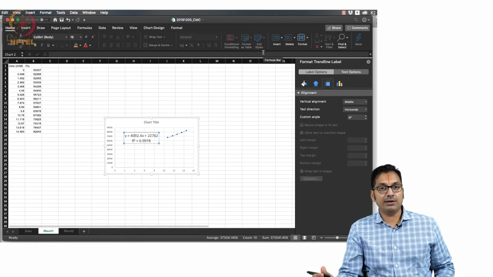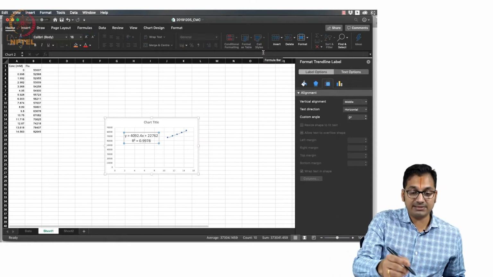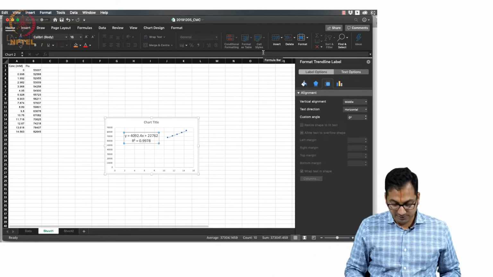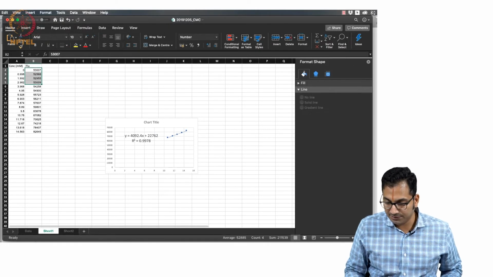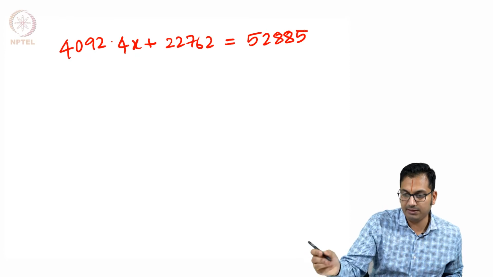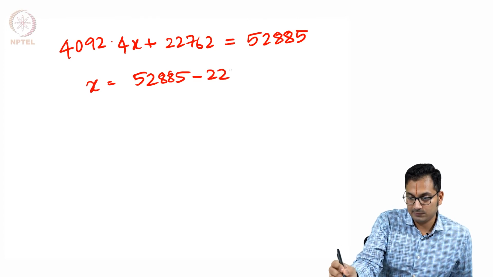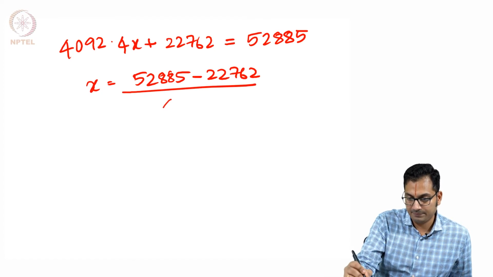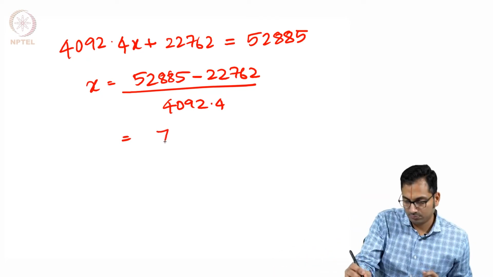Now one has to understand this: we are trying to find where it meets the basal value, and in order to find the basal value we can take the average of the first few points. The average of the first few points works out to be 52885, and therefore your x is going to be this value.